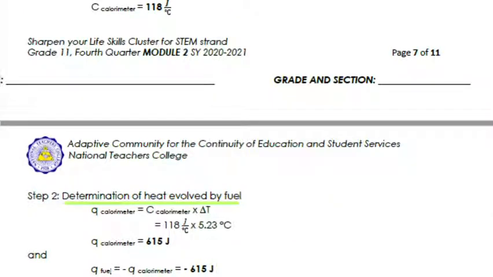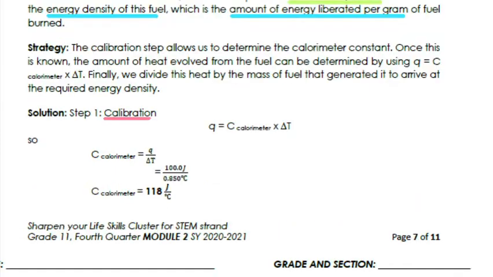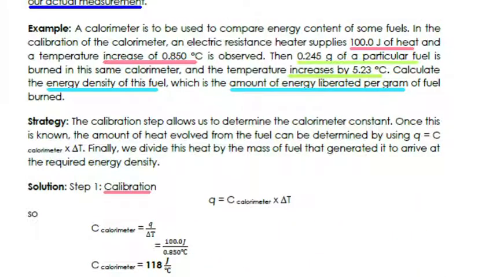So calculate the energy density. The energy density is described in the problem, this part: calculate the energy density of this fuel, which is the amount of energy liberated per gram of fuel burned.